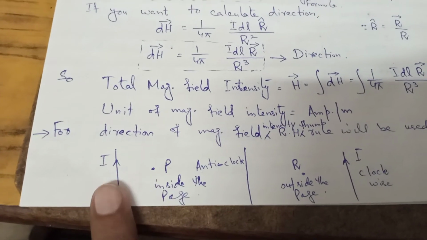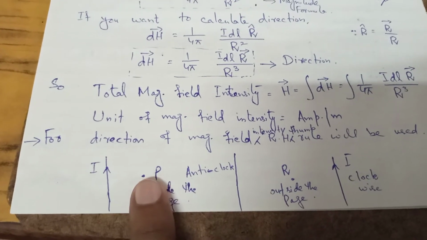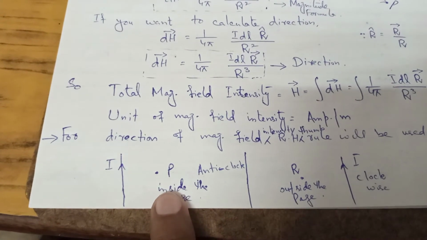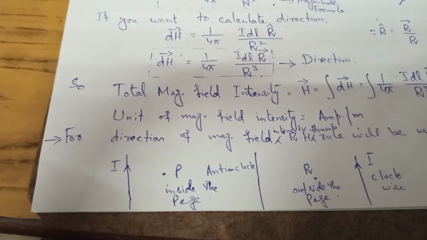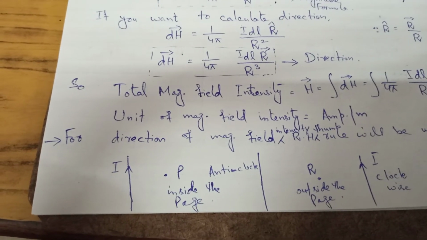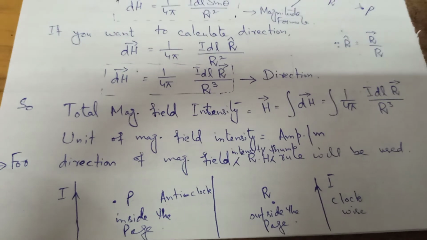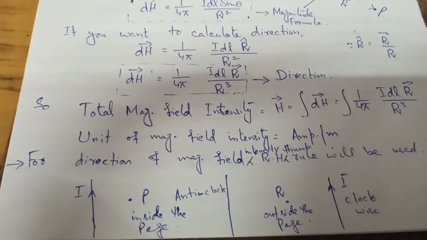For example, we have a straight wire in which current I is flowing and we have a point P. Then according to the right hand thumb rule, the direction of the field will be inside the page, and if the current flow is reversed, then the direction will be outside the page.